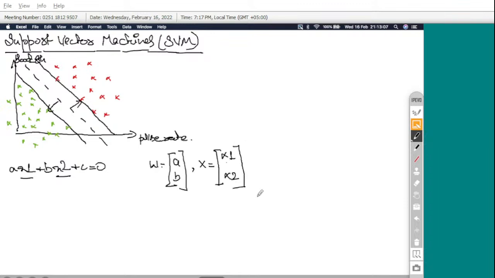We can create a matrix like this because that's how we represent a vector. We represent a vector in a matrix only. So we are actually trying to transform this equation into vectors, and we can simply create a vector W as A comma B, and a vector X as x1, x2. Clear?